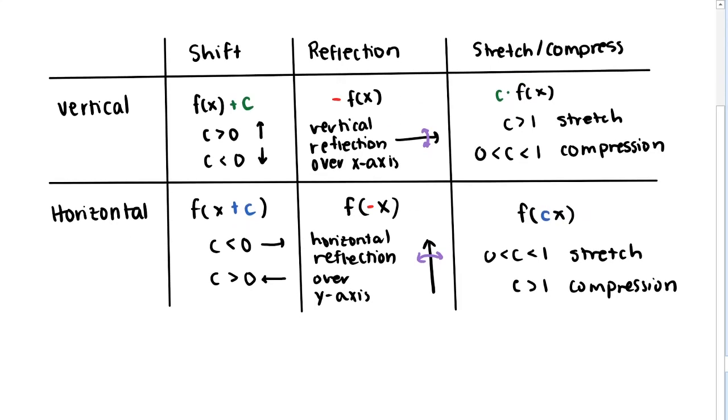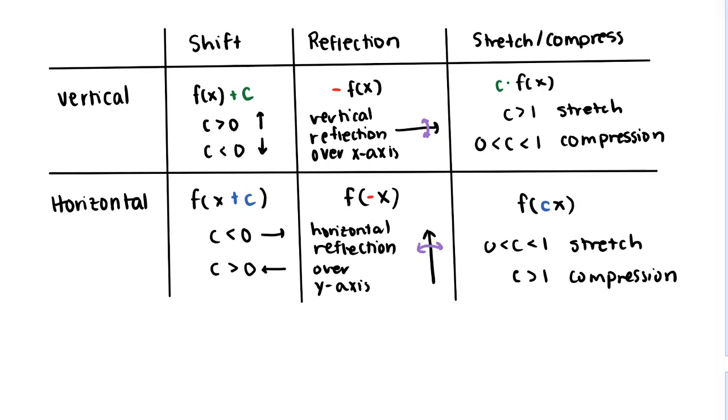And so one thing I want to point out that I haven't really said so far is that vertical changes are going to happen to the outputs of our function, right? Because the output values describe the vertical positions of all the points. So these are going to be transformations to the function, to f of x. And horizontal transformations are going to correspond to transformations to the input, transformations to x.